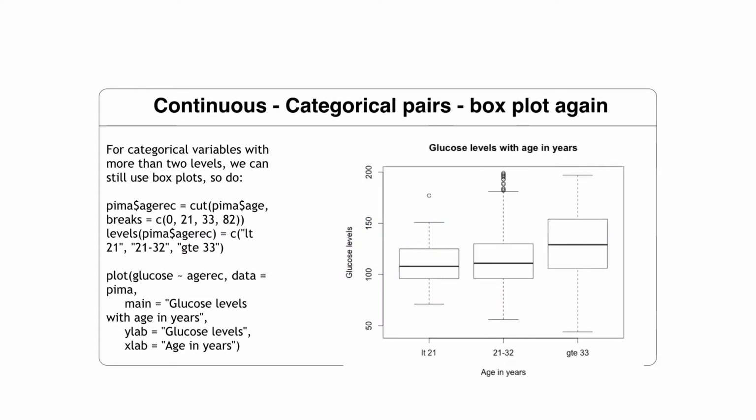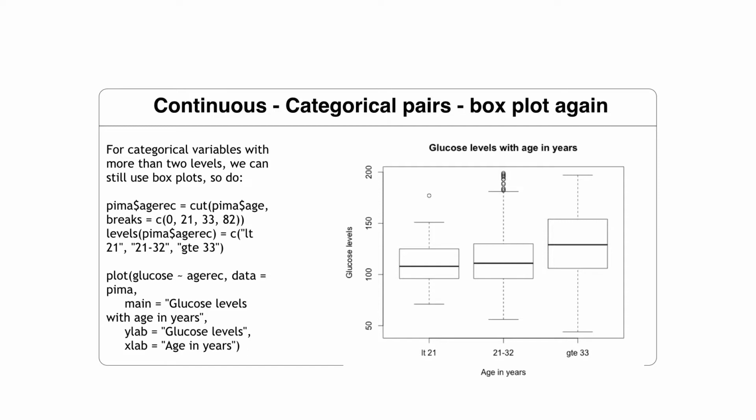Next, we are going to take a look at continuous-categorical pairs again, in which the continuous variable is in the outcome space and the categorical variable is on the x-axis, as an explanatory variable. But this time, our categorical variable has more than two levels. What we have done is divide age into three groups: less than 21, between 21 and 33, and more than 33.